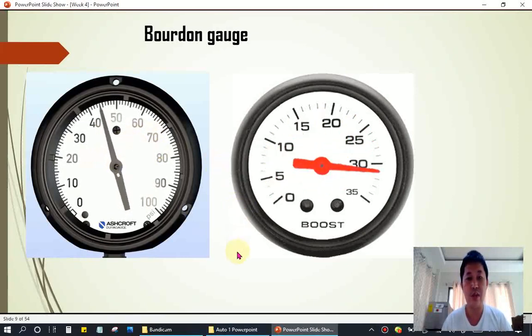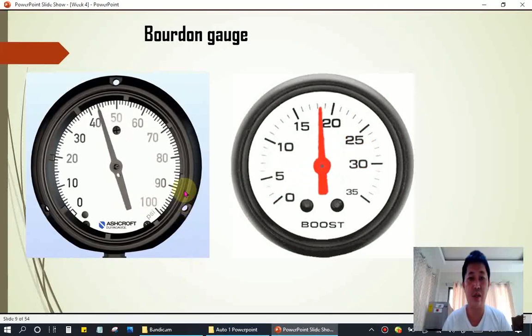When I was first time acting as chief engineer, I experienced this problem. So there was a problem of the cooling system, which is the exhaust gas was leaked into the cooling water through the exhaust valve.